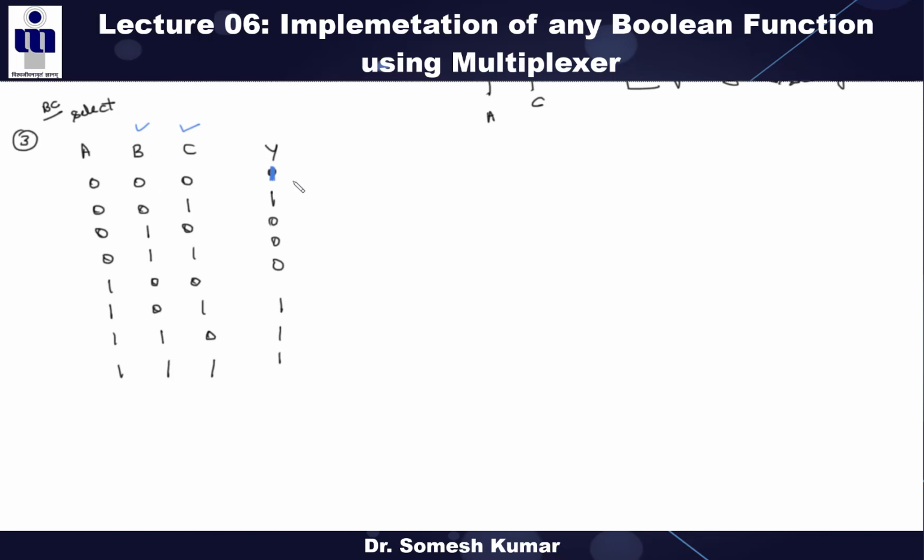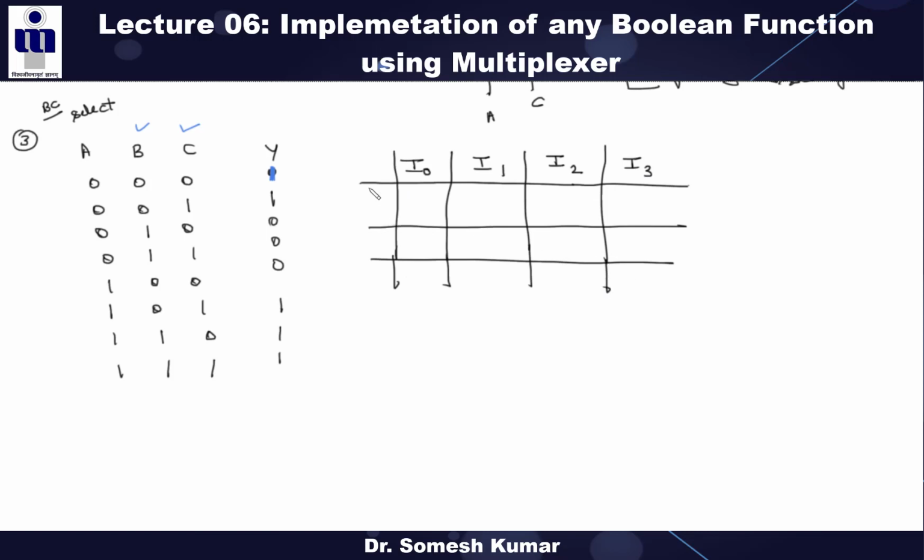Now see, in the implementation table, again we will make the implementation table first. This method is valid for all 4:1 mux, 2:1 mux, 8:1 mux, right? This is not only for the 4:1 mux, this is also for the 8:1 mux. I2, I3. Okay. So now this is B and C select line. So here the input should be in the form of A bar and A. So what is the pattern?